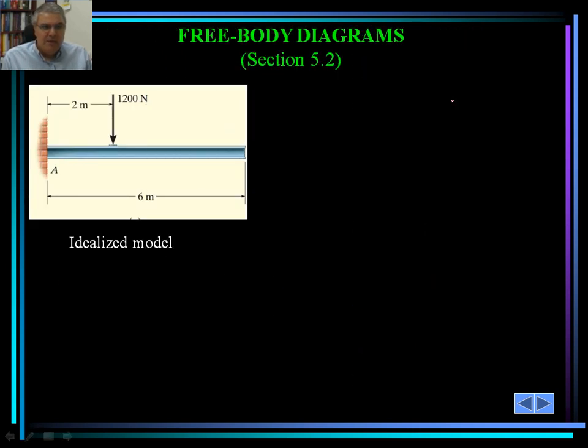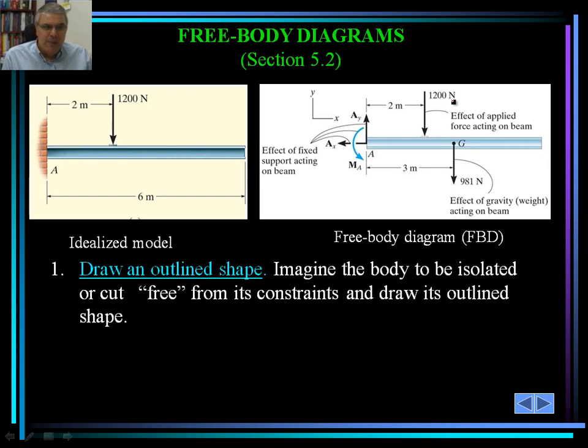So let's take a look at the free body diagram here. The idealized model for a beam that is connected to a wall is shown in this figure. There's also a force of 1200 Newton applied to this beam. That's the idealized model.